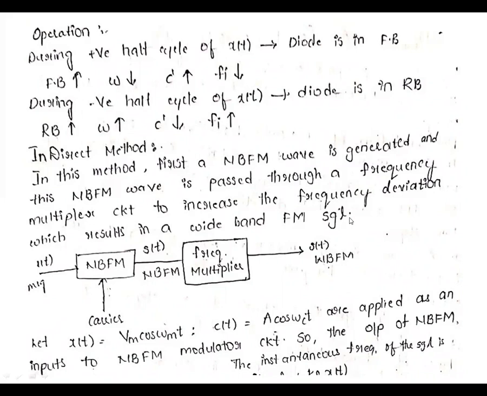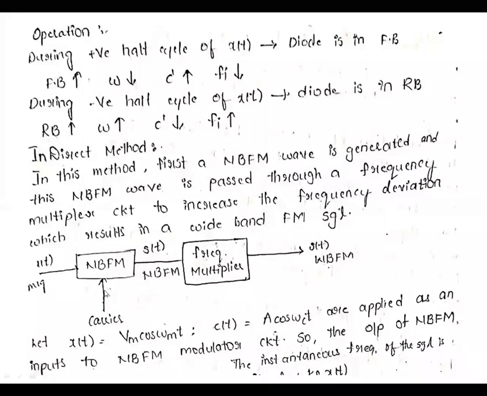So wideband FM signal generation is nothing but the indirect method of generation. Indirect method means, first of all, you have to generate narrowband FM. From the narrowband FM, you can go for wideband FM.